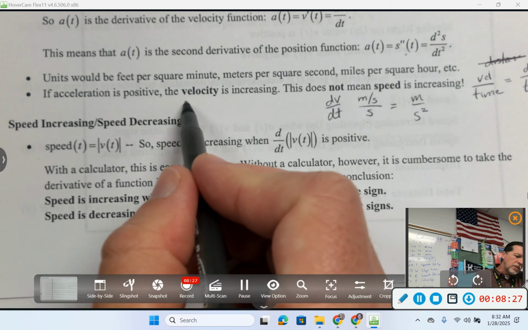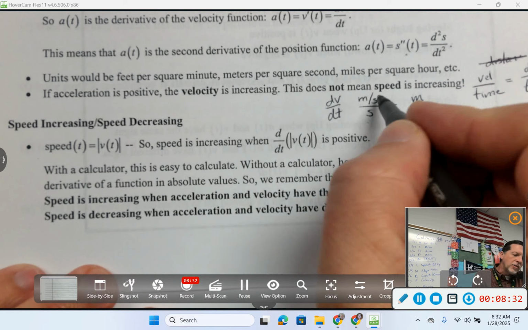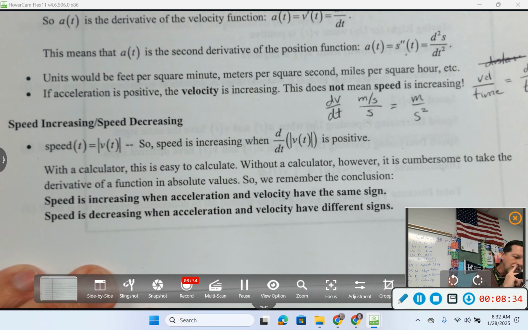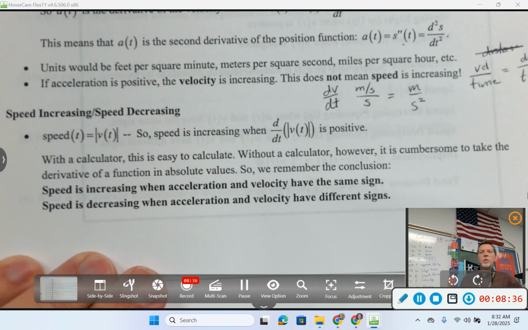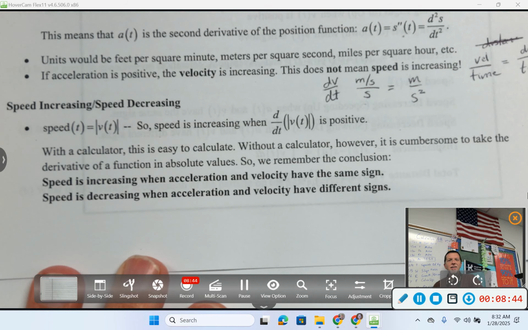If acceleration is positive, velocity is increasing, although we have to be careful, this does not mean the speed is increasing. Do you know when that would be? How could velocity be increasing, but speed not increasing? It has to do with positives and negatives.